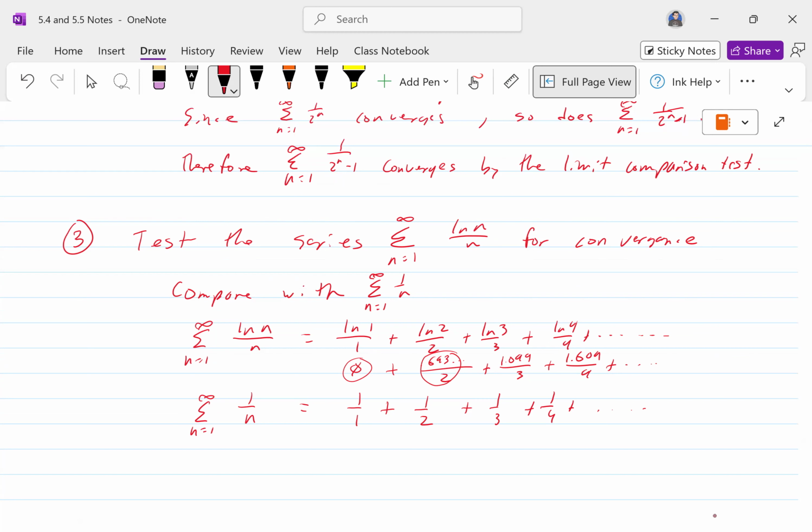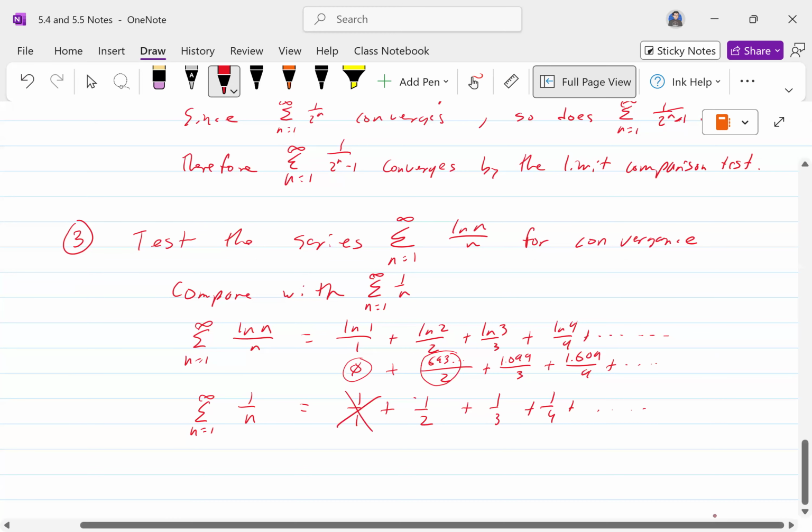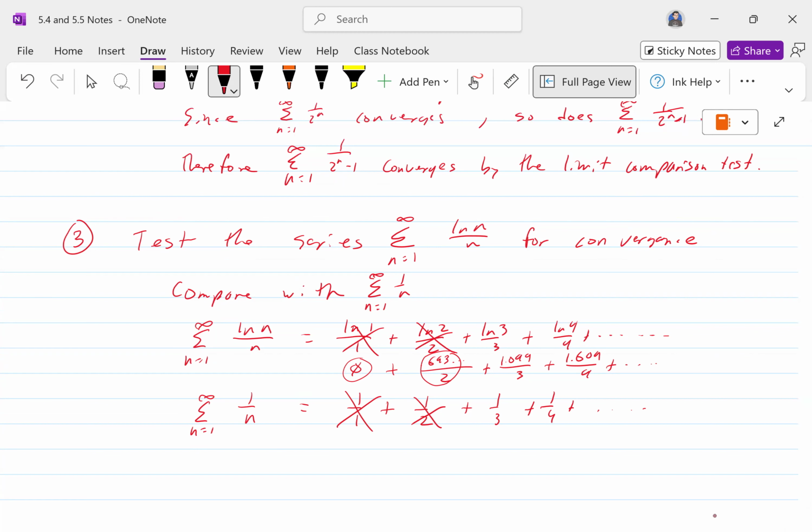So what we're going to do is kind of cheat. We're not going to use the first 2 terms here. We're going to wait until we get to something bigger.